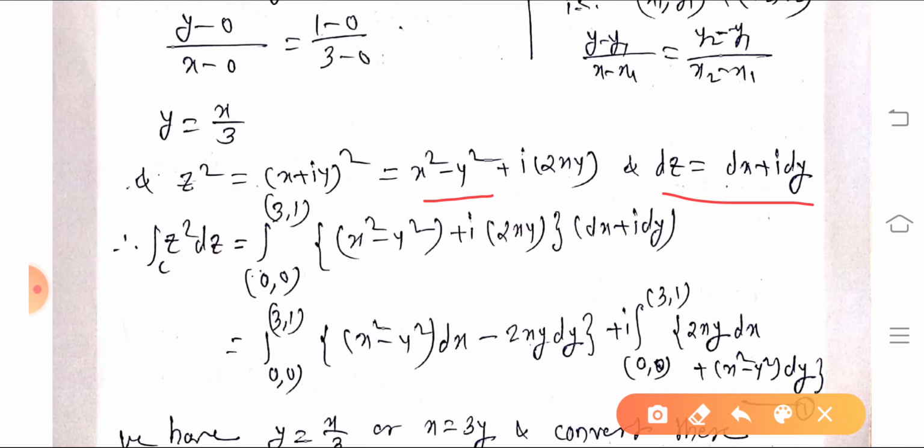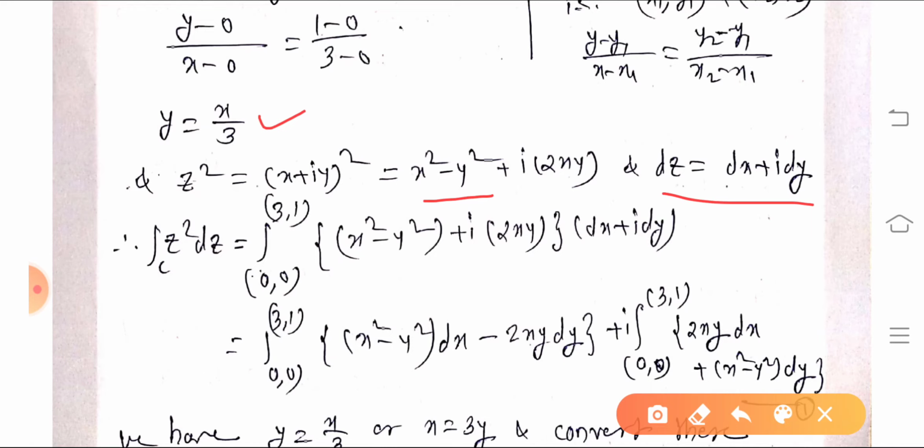So the integral over c of z square dz, we write this as, z from 0 comma 0 to 3 comma 1, (x square minus y square plus i into bracket 2xy) into (dx plus i dy). Now here y equal to x by 3, so dy we get dx by 3.